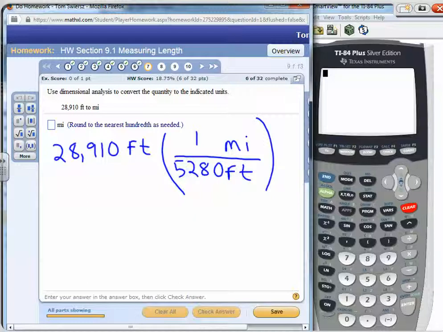So the 5,280 is in the denominator, and so we're going to divide, right? 28,910 divided by 5,280 feet. And that will convert the feet to miles. Again, we'll have to have a smaller number because miles is a bigger unit, right?